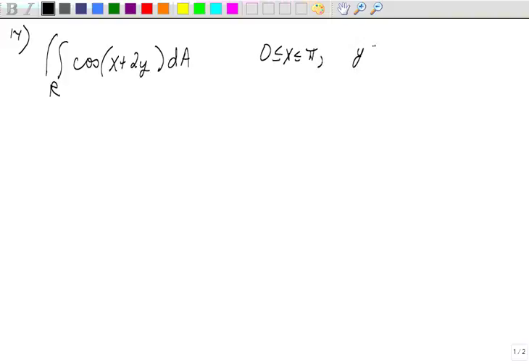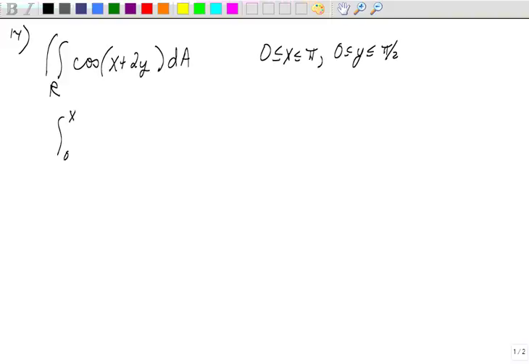Let's look at 14. I have this rectangular region, and I'm integrating cosine(x plus 2y) dA. I have x between 0 and pi, and y between 0 and pi over 2. First I'm going to integrate with respect to x.